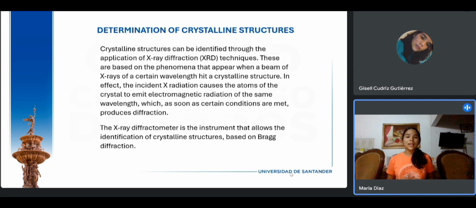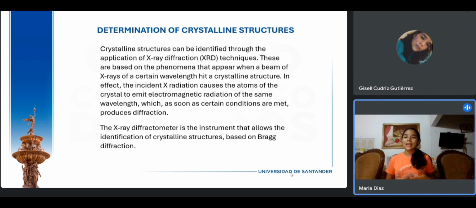Determination of crystalline structures. Crystalline structures can be identified through the application of X-ray diffraction techniques. These tests are based on the phenomena that appear when a beam of X-rays of a certain wavelength hits a crystalline structure.